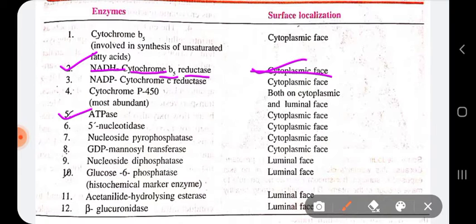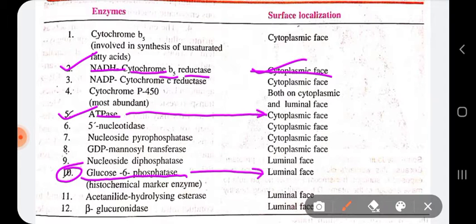Glucose 6-phosphatase is found on the luminal face, that means on the inner space of the membrane. Then beta-glucuronidase is also found on the luminal face of the membrane.